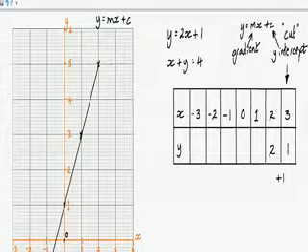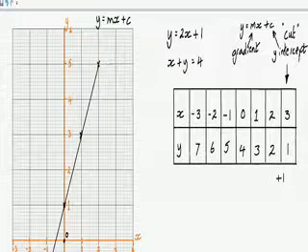So because I know that there's this sequence, it's going to continue. So 2 plus 1 is 3, plus 1 is 4, plus 1 is 5, plus 1 is 6, plus 1 is 7. It really is that simple.